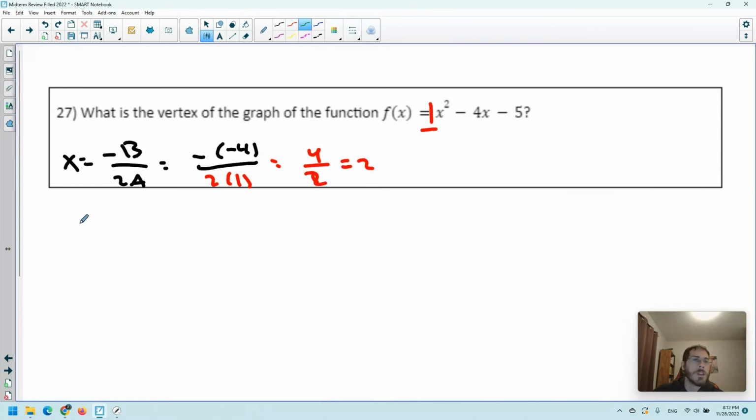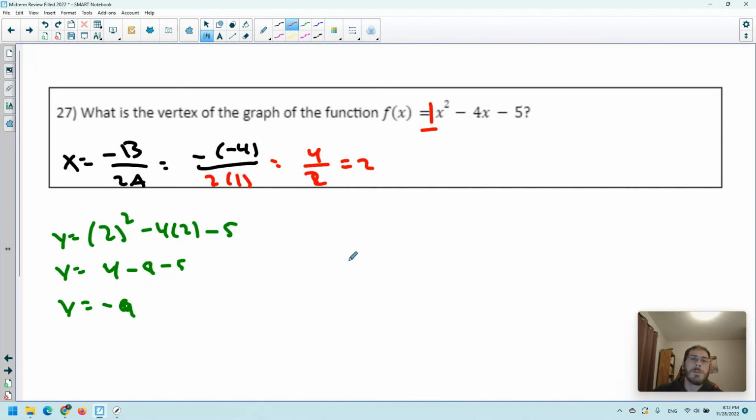We plug 2 into the original equation, so y equals 2 squared minus 4 times 2 minus 5. And this time the numbers are small enough that I can just multiply everything out. 4 minus 8 minus 5 is -4, -9. So our answer is going to be 2, -9.